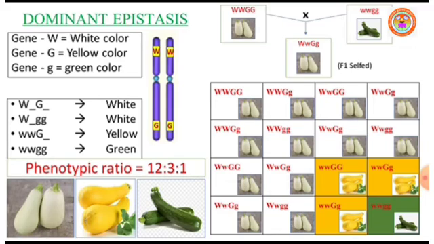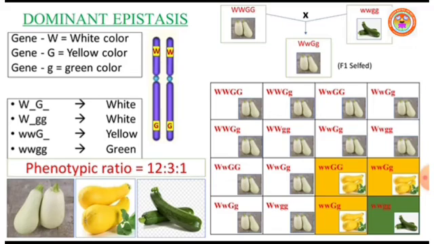So the dominant allele W, which is epistatic, does not allow the expression of the hypostatic gene G. The hypostatic allele G will not produce the color yellow if the dominant allele W is present.